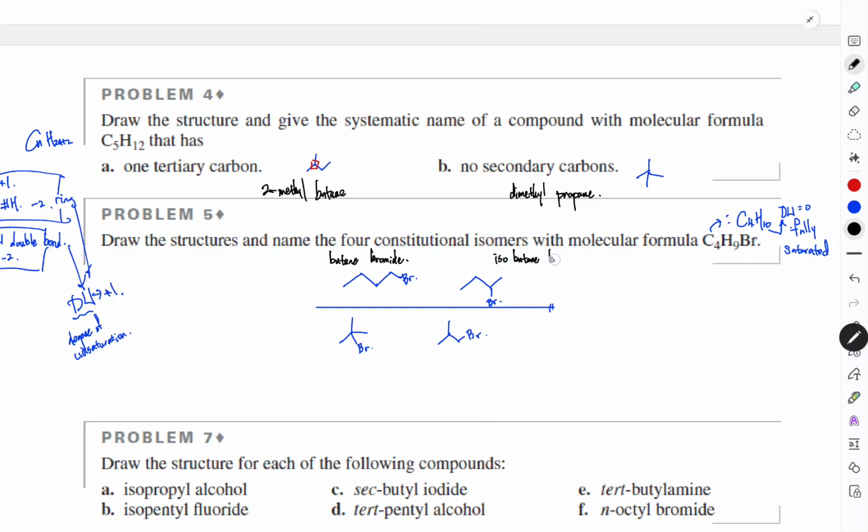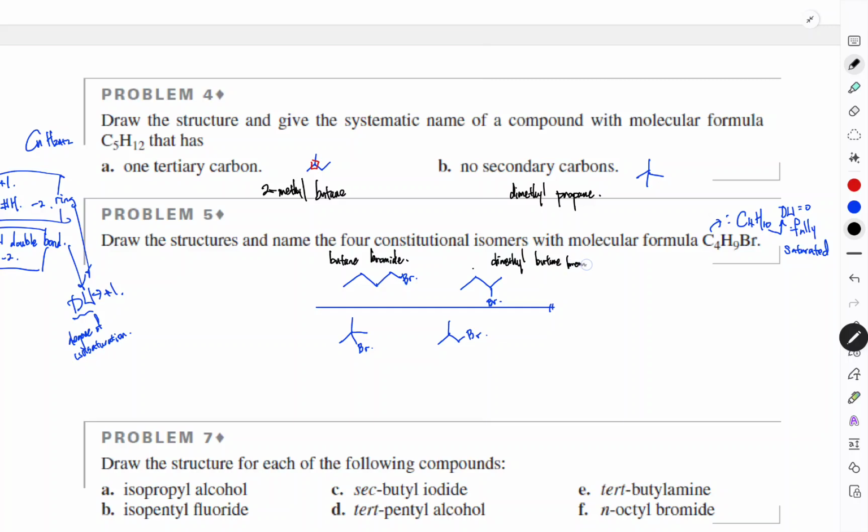So you can identify the longest chain, propane, with 1 bromo and 2 methyl, right? And B should come first, then M in methyl, so it's 1-bromo-2-methylpropane. You can do the same thing for this one, which is still consistent with the general formula.